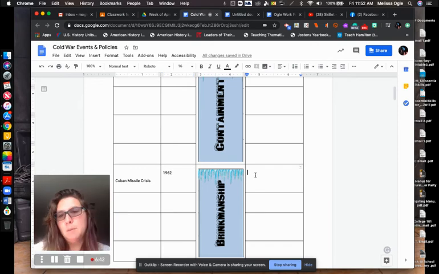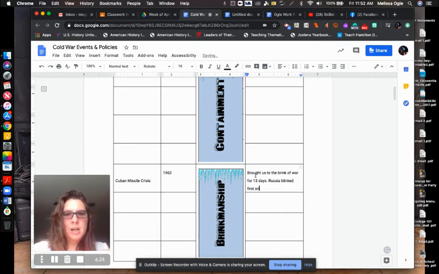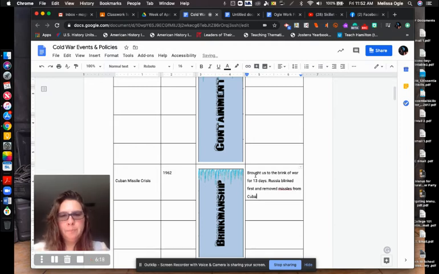You're telling me, and we said it was an example of brinkmanship. So in this last box, you have to give me 1 or 2 statements on why or how it is an example of brinkmanship. So, for example, the Cuban Missile Crisis brought us to the brink of war for 13 days. Russia blinked first and removed missiles from Cuba.